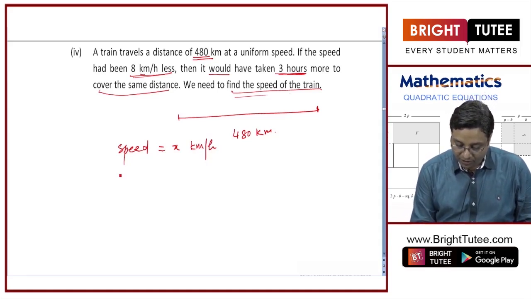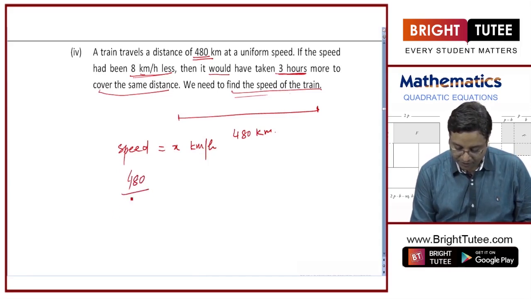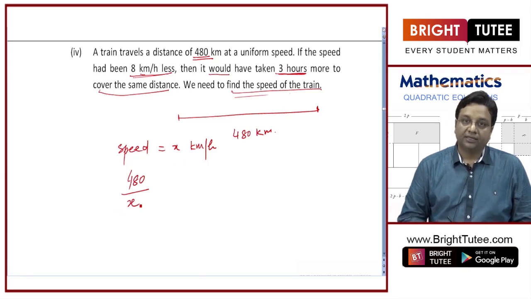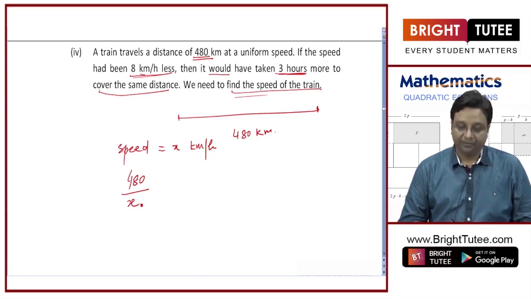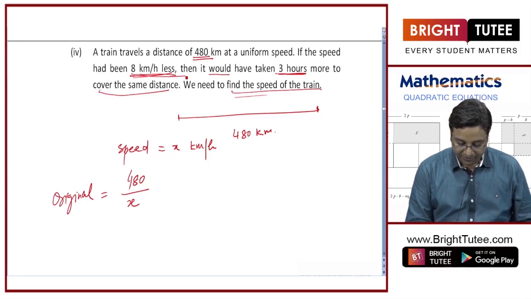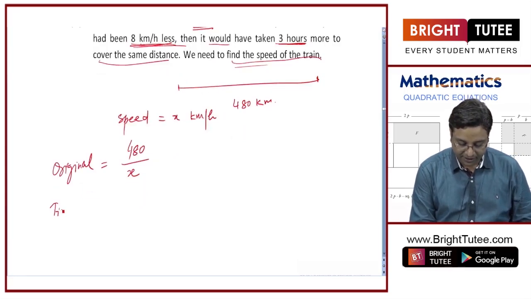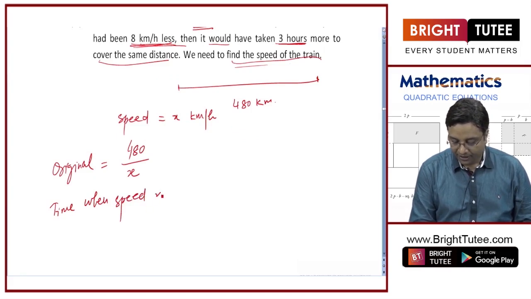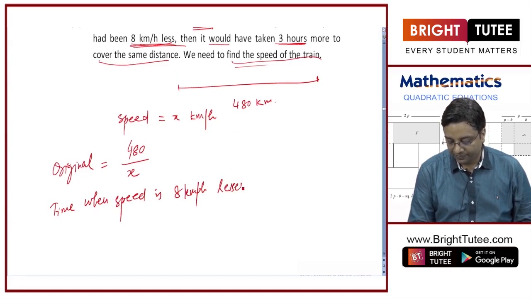So what was the original time that it would take? Distance upon speed, right? This was the original time, right? Now if the speed had been 8 kilometers per hour less, what was the time taken? Time when speed is 8 kmph lesser. So the speed will be x minus 8.